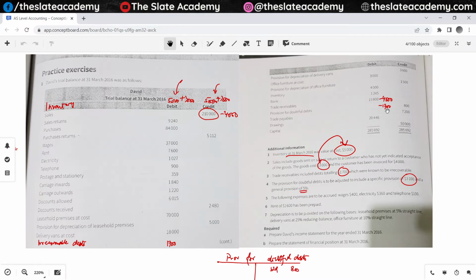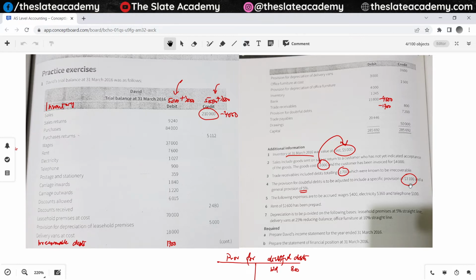I've just written off their debt from my book. And then there are 3,100 worth of debtors for whom I am going to make a specific provision, because I'm especially doubtful that they're going to pay me. I have a general policy of maintaining a 5% balance, but these people are too suspicious. I'm not writing off their debt, I'm just declaring it to be doubtful.